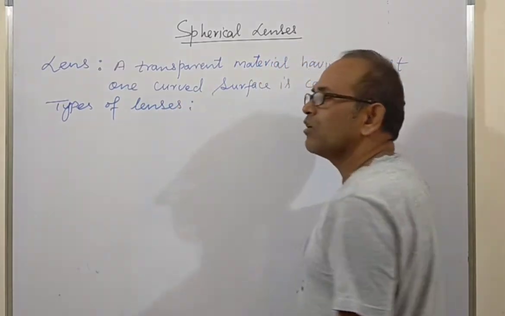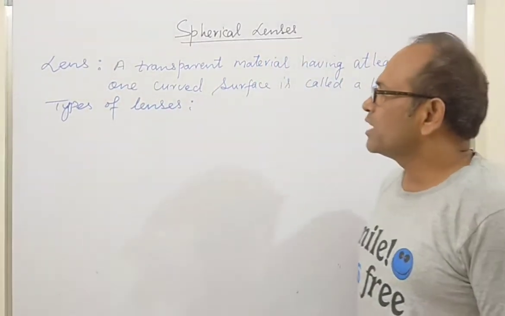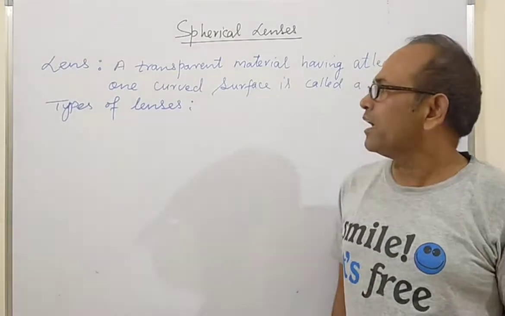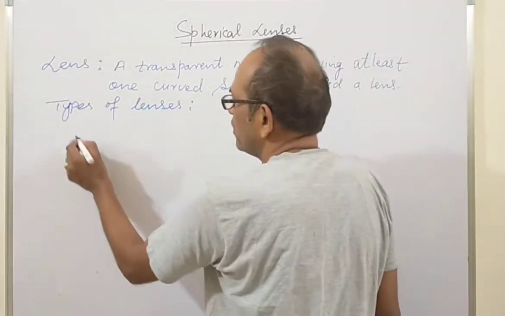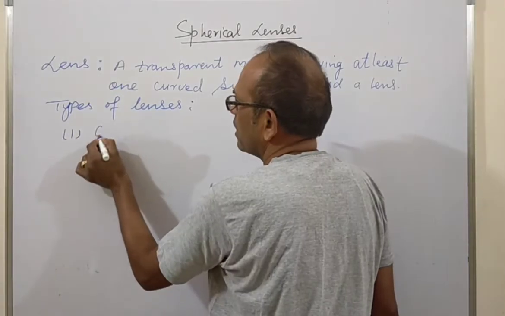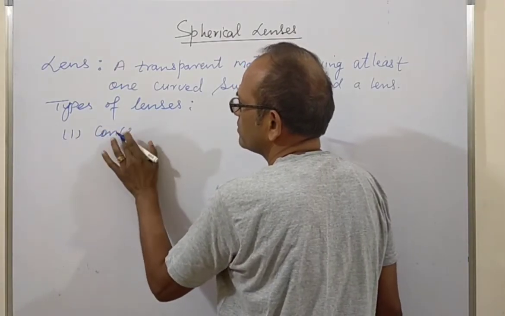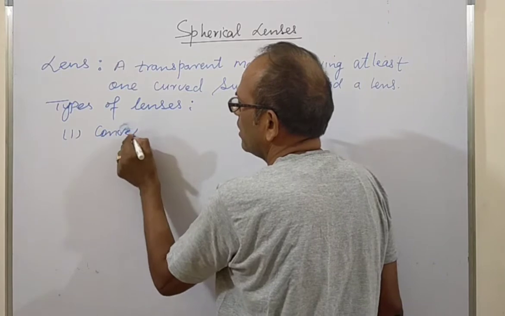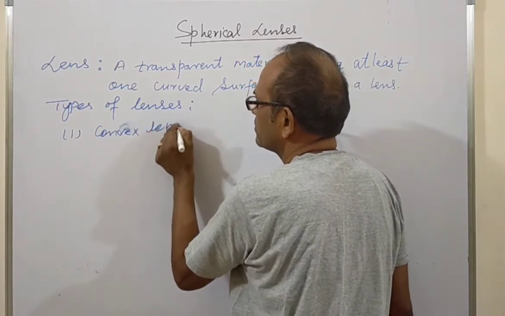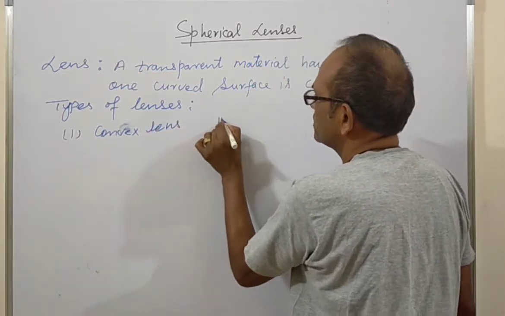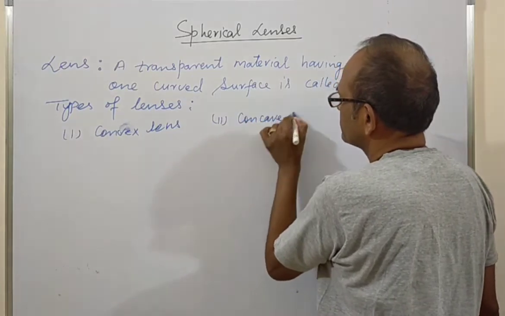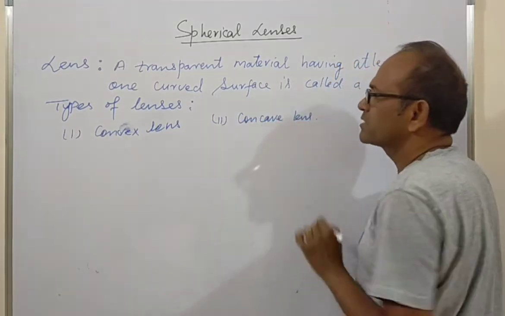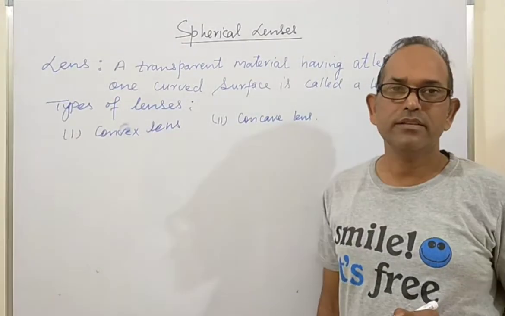Students, types of lenses. So the lenses are divided according to the surface. So we have first convex lens, and second concave lens. Convex lens and concave lens.